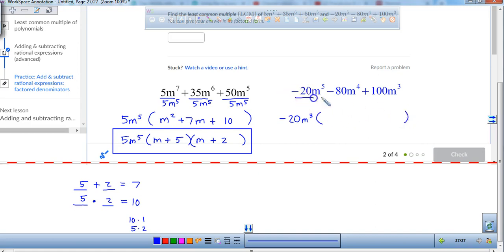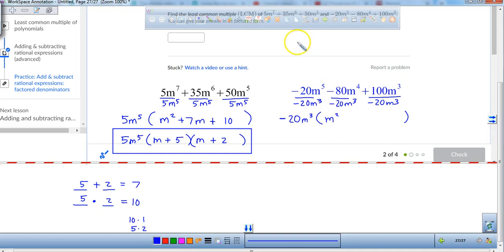So once again, all I'm going to do is divide everything by a negative 20 m cubed. And that leaves us with m squared, because negative 20 divided by negative 20 is 1, and m to the power of 5 divided by m cubed is m squared.